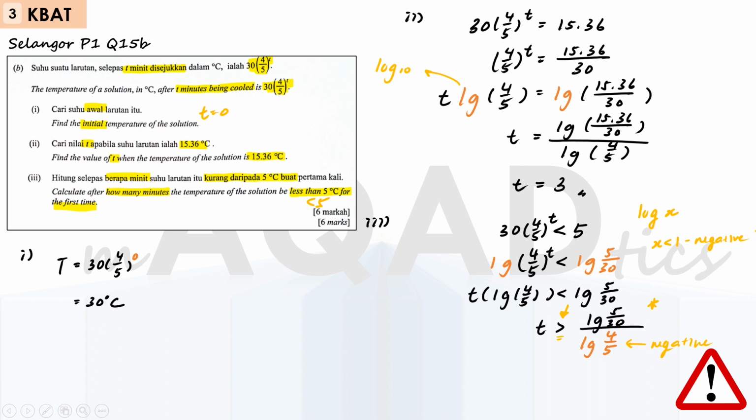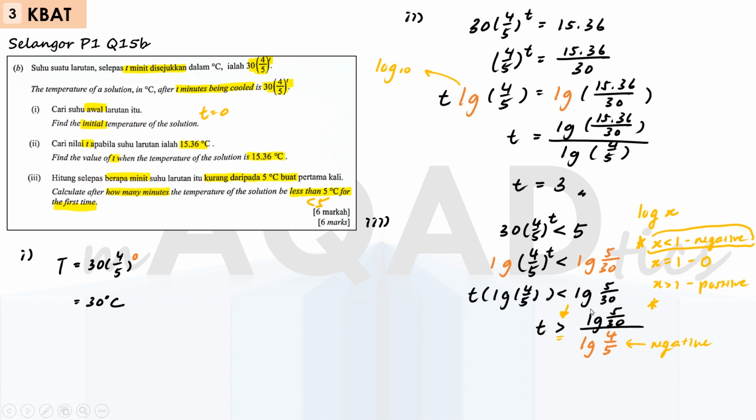So it will be hard for students to catch because this one appears to be positive, but technically if you type this into your calculator, you will get a negative value. Okay, so x less than 1 is negative, x equals to 1 is 0, x more than 1 is positive. So this is the one we need to take note. Okay, this one, x less than 1 is negative, so we need to change the sign.